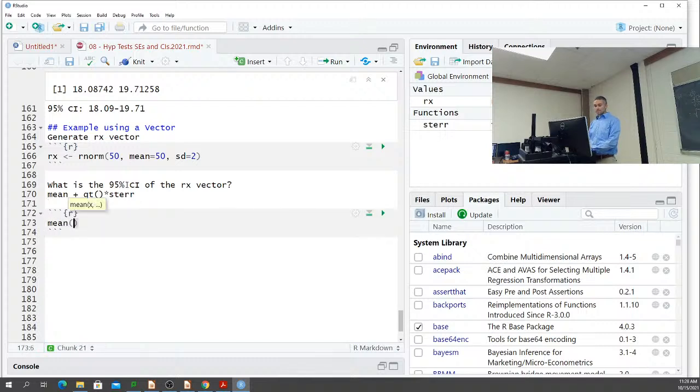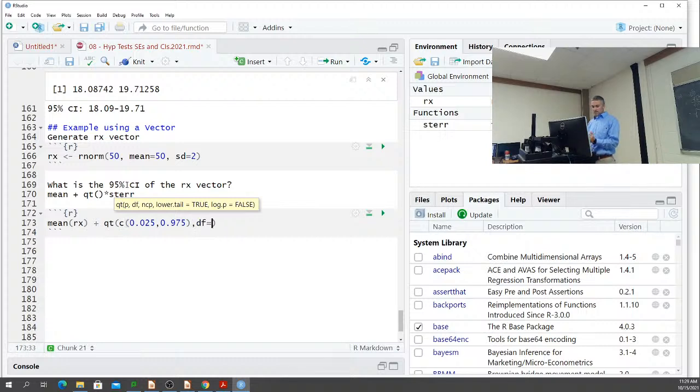So we're going to do the mean of the Rx vector. If it helps, we could use na.rm equals T, but we didn't add missing data. And then we're going to use our Qt function again to get our t critical values. Since we're asking for a 95% confidence interval, it's the same 0.025 and 0.975.